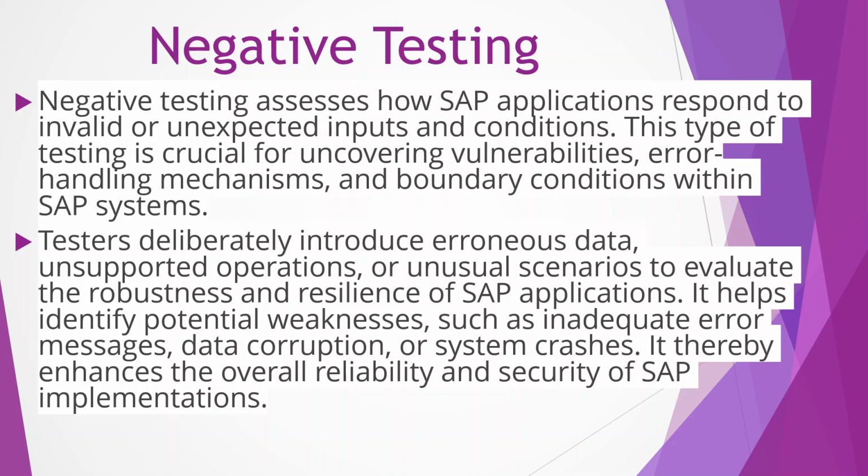To check that kind of thing, people do negative testing, and here they provide the wrong set of data to the system to verify whether the system is stopping those transactions from progressing further or not. And this also ensures that your system has the capability to handle the wrong set of data as per the process. It can be done by way of maybe validation, substitution, and there are so many other methods as well.